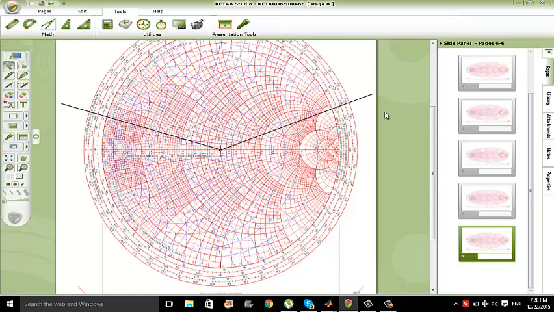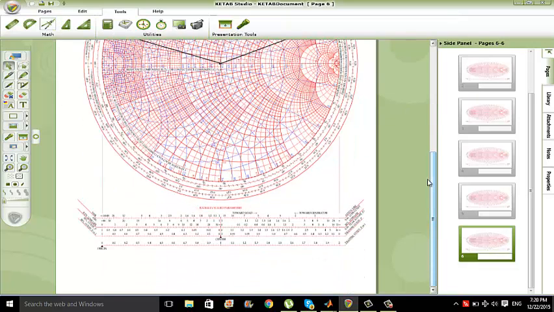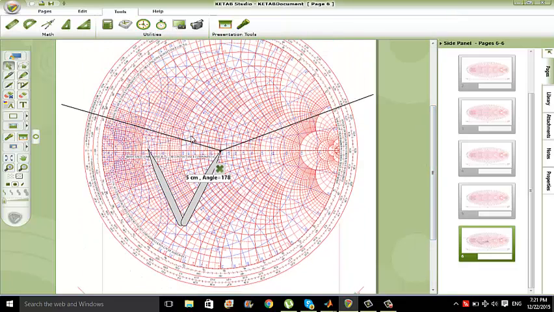Now we go to tools and get the compass and open it on the reflection coefficient scale of the Smith chart at 0.625. Now we go back to the center of the Smith chart and draw an arc to intersect the line, which will be the center of the 2 dB circle.